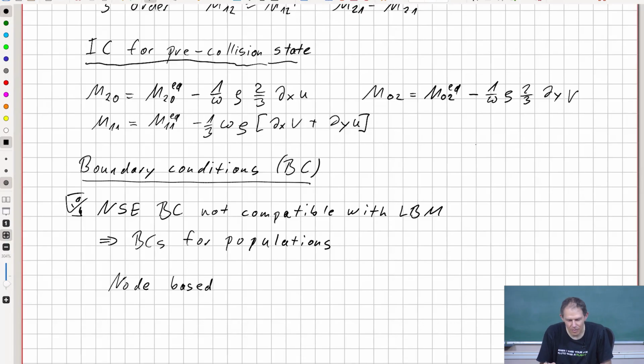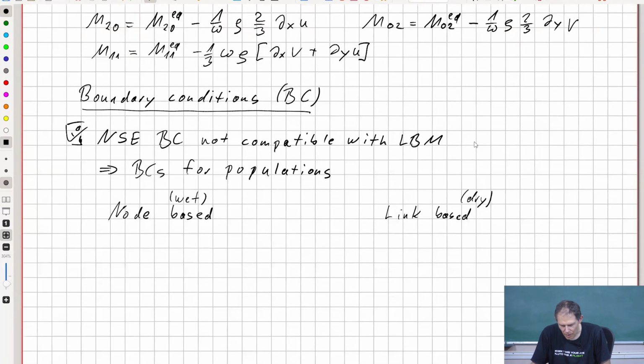Namely the distinction between node-based and link-based boundary conditions, and they may also be called wet and dry for whatever reason. And the distinction here is the following. We are using our characteristic diagram.